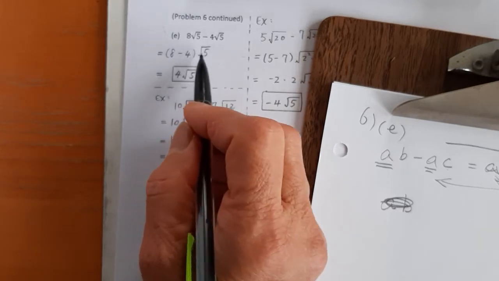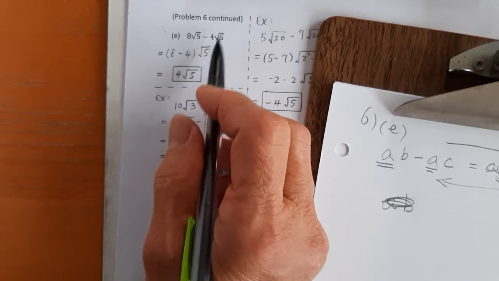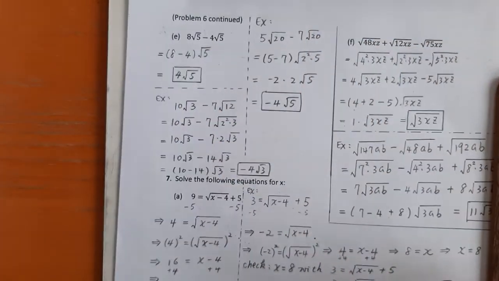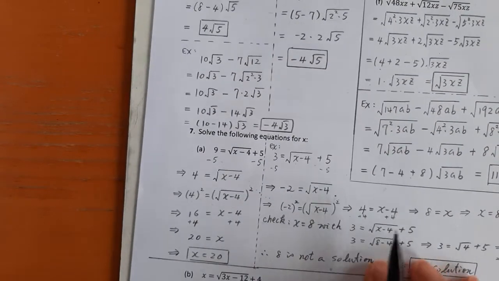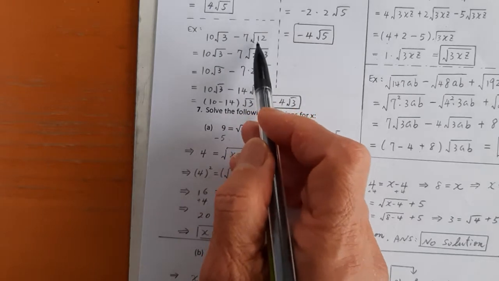You can distribute it in, like 1 times square root of 5 minus 4 square root of 5, they are equal. 1 minus 4 is negative 3 square root of 5. Simplify.